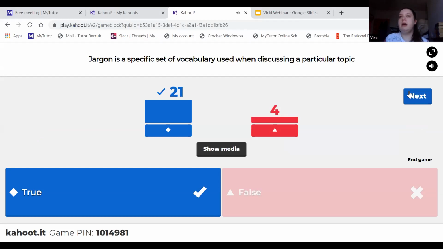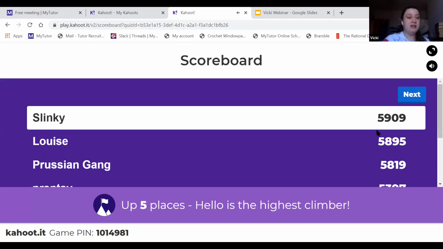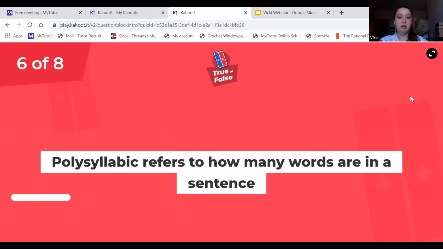If I was going to talk to you about English A level, I would be talking about blends and collocations and connotations and amelioration, pejoration, things that you wouldn't know unless you were studying it in some sense, or you were part of a community that uses that. So for example, you could talk about the subject terminology that you would use within the gaming society, which I would absolutely have no idea about because I don't game.